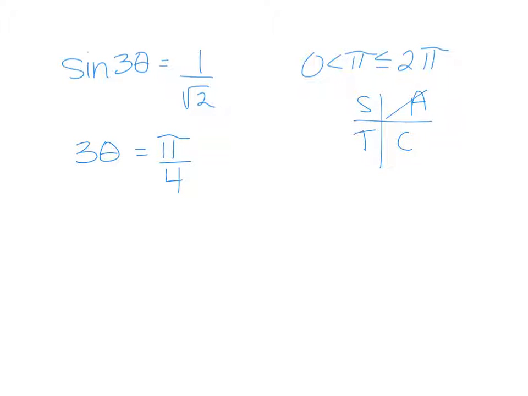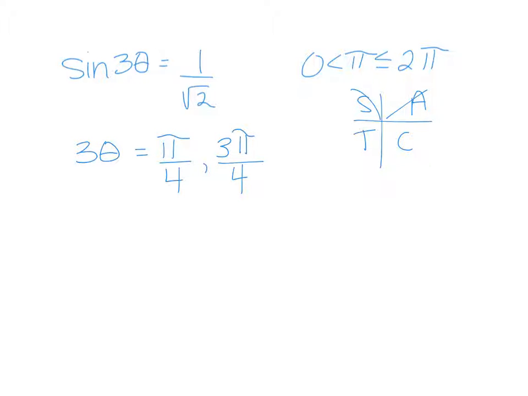We want to be in the first and second quadrant for sine to be positive. So it's pi over 4, and what's the other one? Three pi over 4. But that's what 3 theta is equal to. How can we algebraically figure out what theta is equal to?